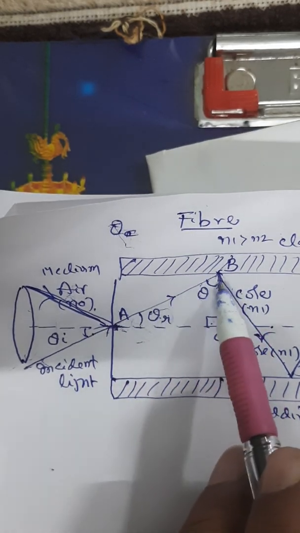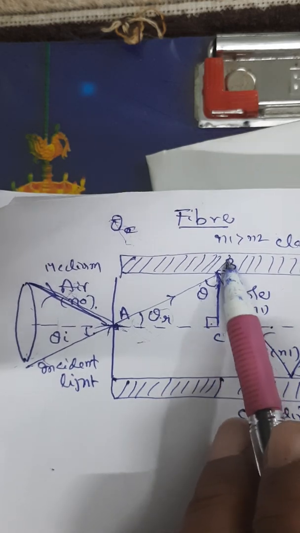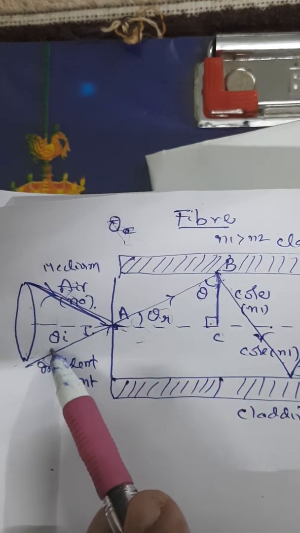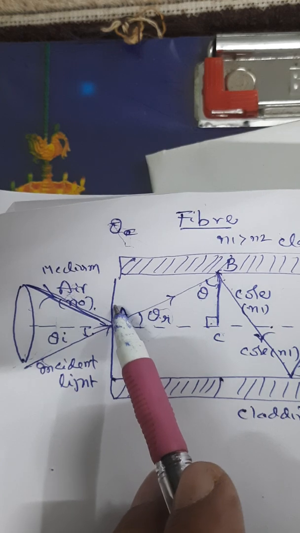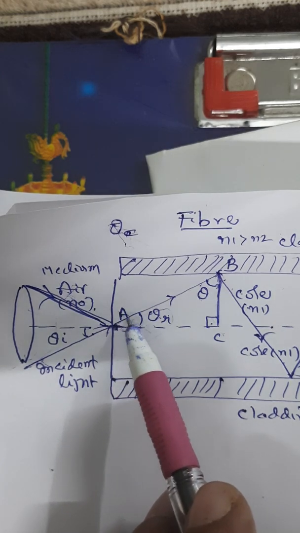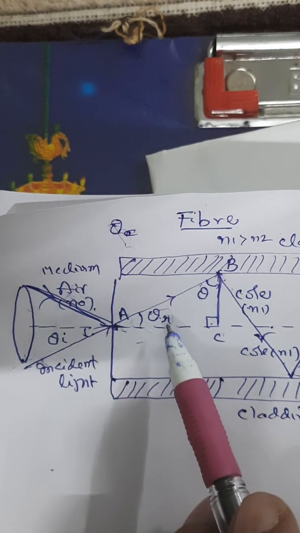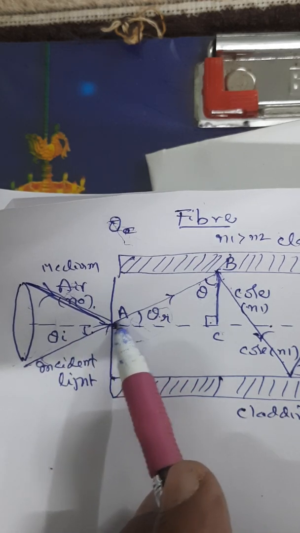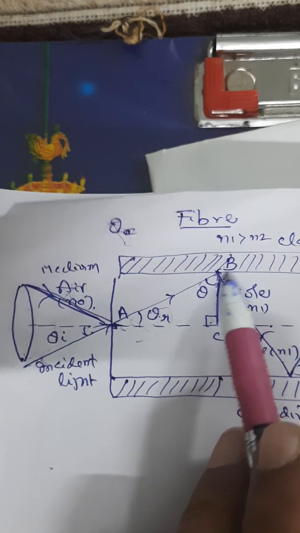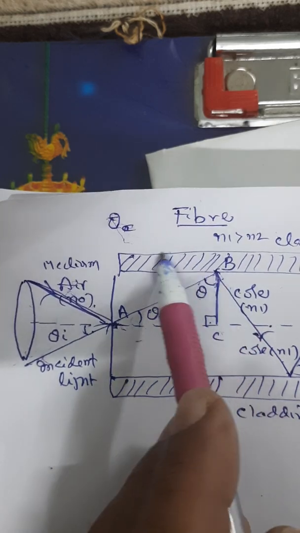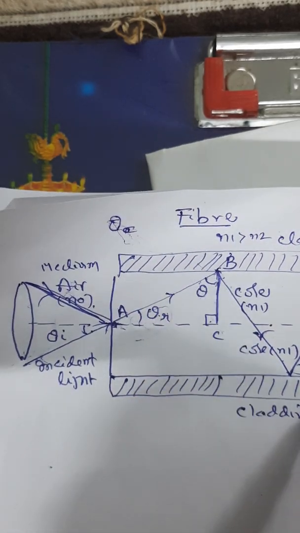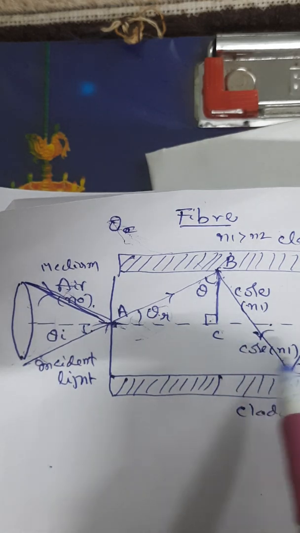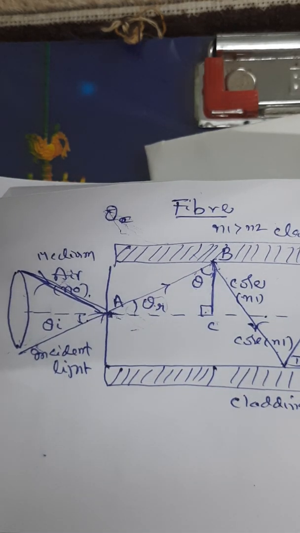Let the maximum angle of incidence be theta A, so that at A the light gets into the core, and at B naturally theta will become greater than theta C, so that TIR can happen. So that is what we are going to write.